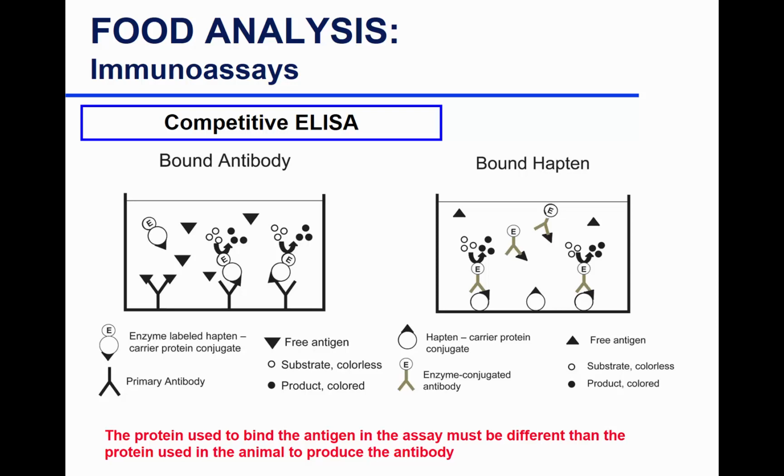Higher absorption doesn't mean more antigen in your sample. Less, because you have competition. So the more absorption you have, that means all of these labeled ones have bound, and the unlabeled, there are not many of them. So the spaces are mostly taken by the bound hapten.